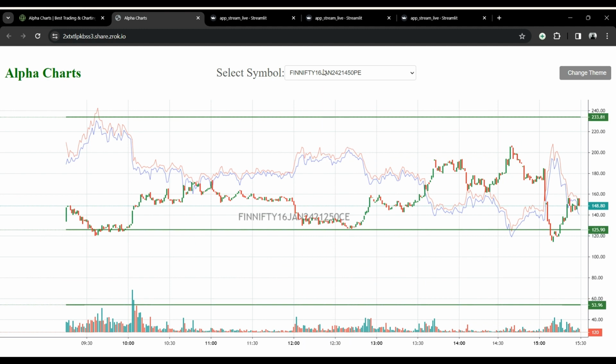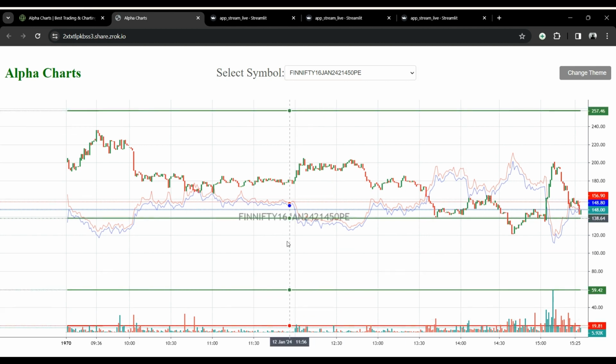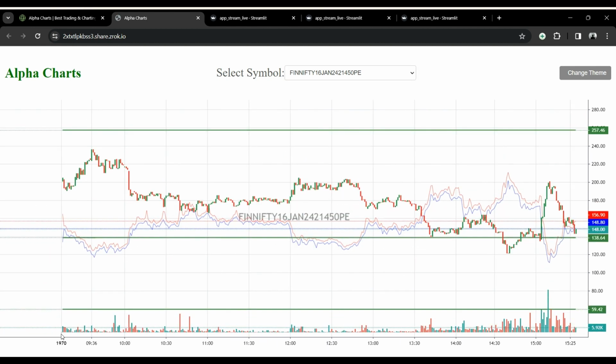Let's take a look at the PE chart. Here it's going to be a nice discussion because this has opened in between. So we could not have got any entries here. What we should have done is taken a position in the opposite direction on the reversal pattern, but at the same time we should make sure this price level is not crossing this line.